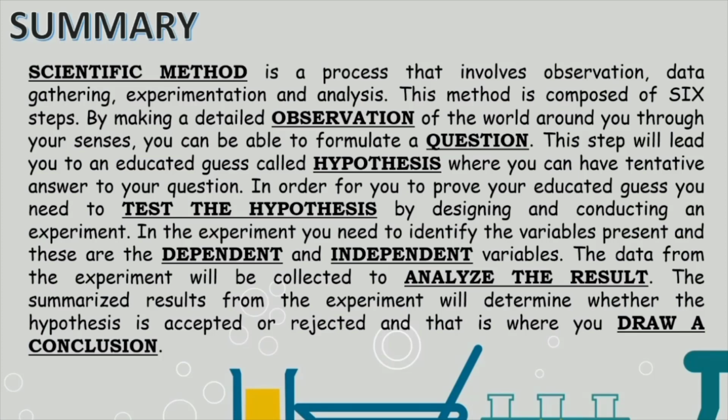The data from the experiment will be collected to analyze the result. The summarized results from the experiment will determine whether the hypothesis is accepted or rejected, and that is where you draw a conclusion.